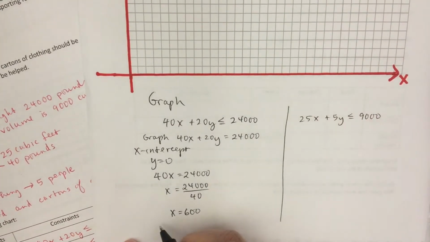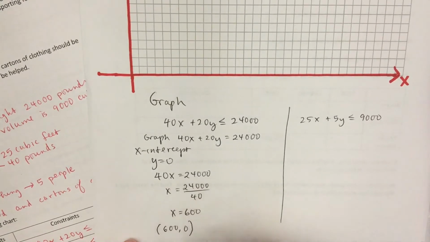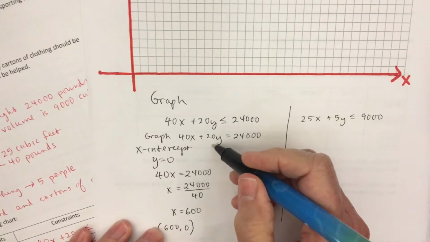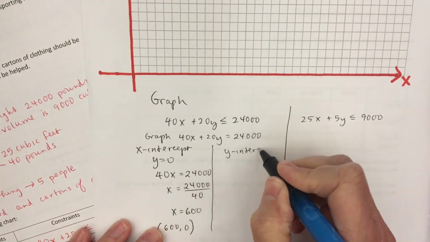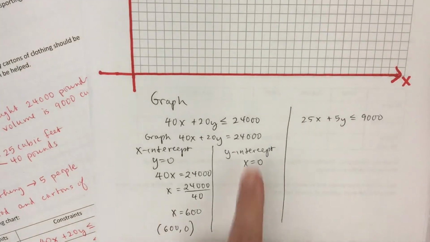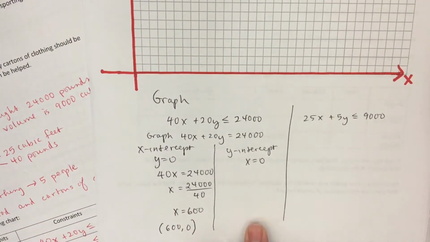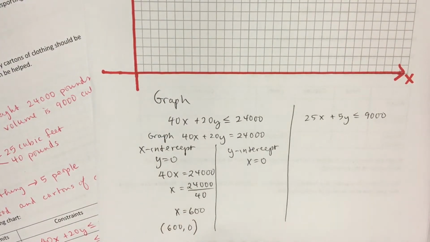So the x-intercept on this line is 600, 0, because y was 0 for that. I'm going to put a line because we're starting over. For the y-intercept, x equals 0. What I'm writing in this little column has nothing to do with what I wrote here, but we'll take the two and combine them to get our straight line.